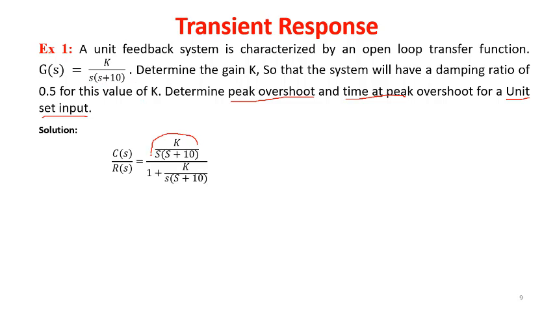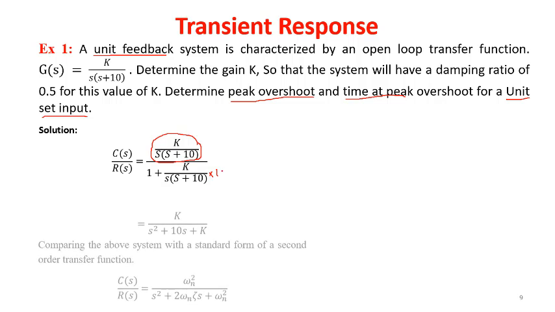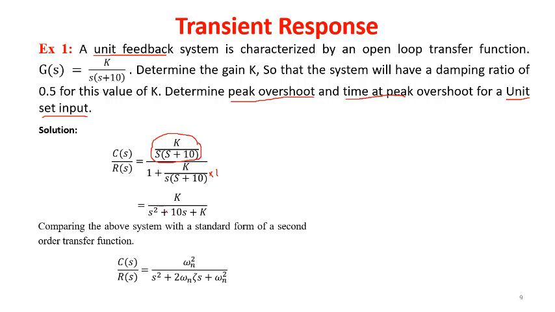Since it is a unit feedback system, H of s is equal to 1. After simplification we get K divided by s square plus 10s plus K.